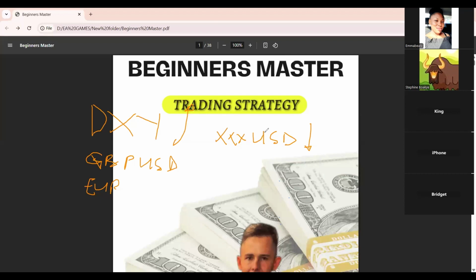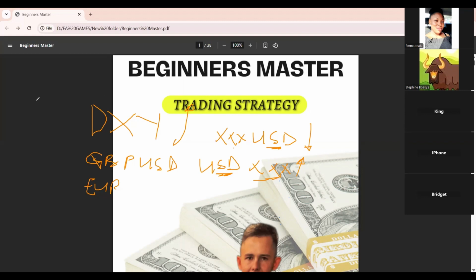That means if the dollar is strong, you need fewer dollars to buy them. And any USD XXX pair is also going to be strong because you need a lot of those currencies to buy USD. And this is what we see.